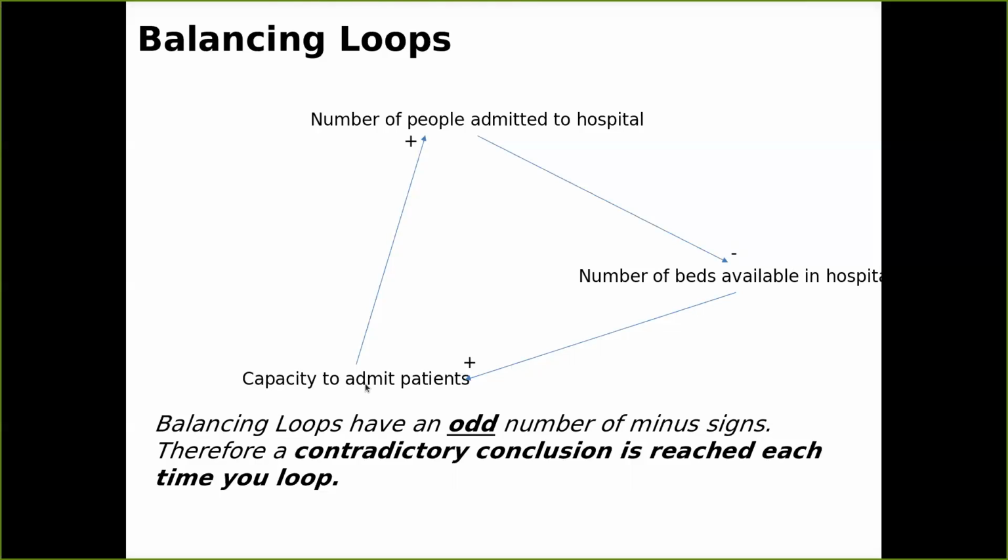Then as the capacity to admit patients decreases, the number of people admitted to hospital also decreases, because you've got less capacity. Now, that of course is a balancing loop, because essentially it's balancing itself out. As more and more people come into hospital, we've got fewer beds, so we can admit fewer people, and therefore fewer people get admitted.